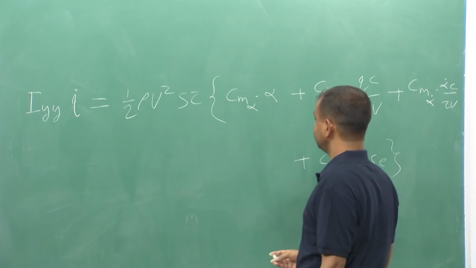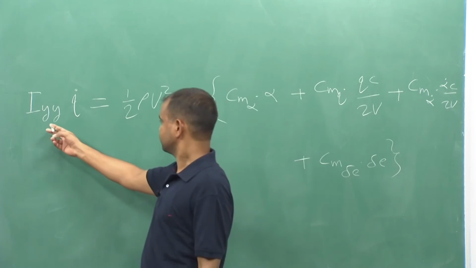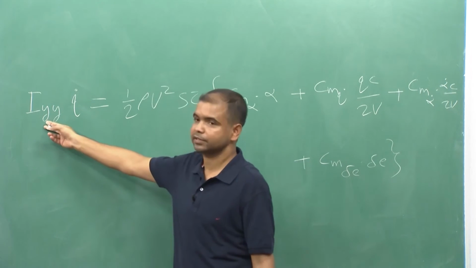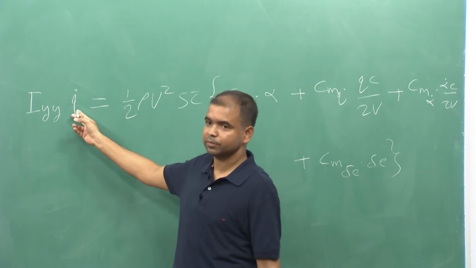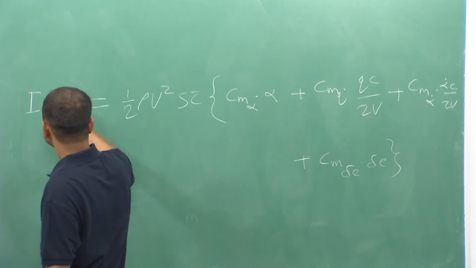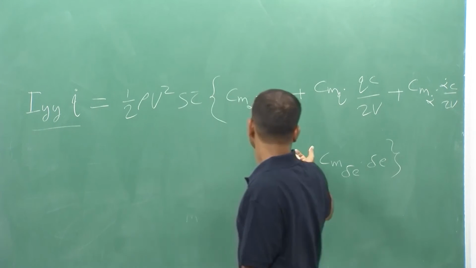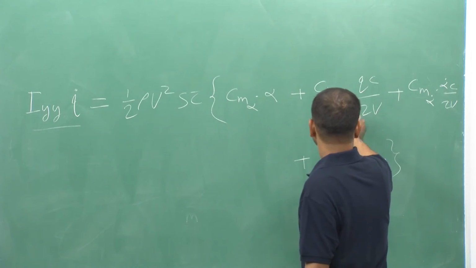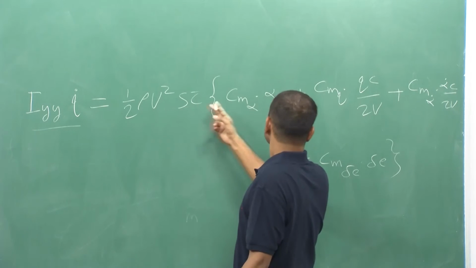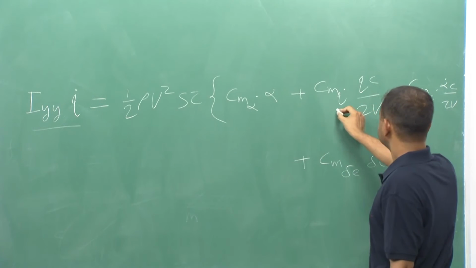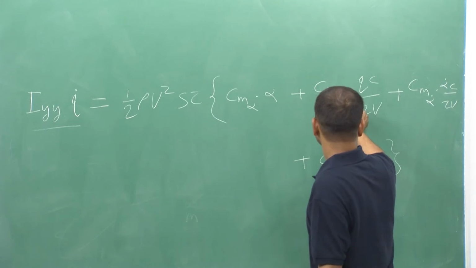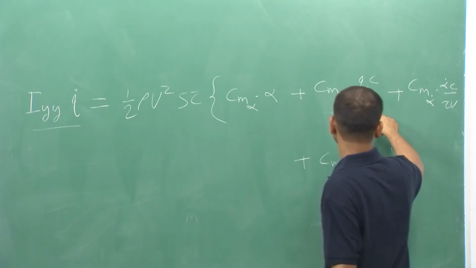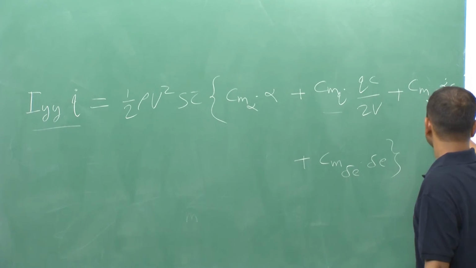And here you can see this is basically mass into acceleration, this is inertia, and this is the rate of change. So, this is the force, and if you look at the right hand side, if I multiply this half rho V square S c bar with these terms, the Cm q term will have a velocity term in the multiplication, because the square will be cancelled with this velocity, and similarly with Cm alpha dot also.